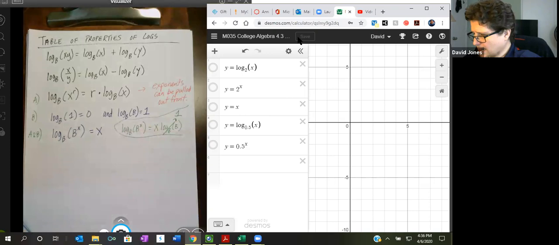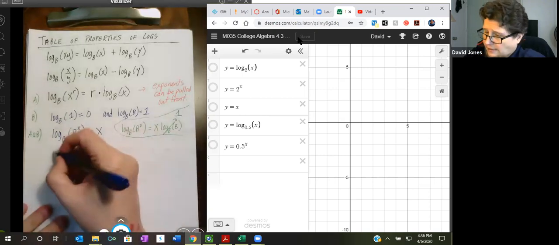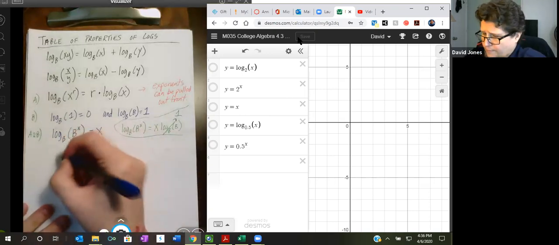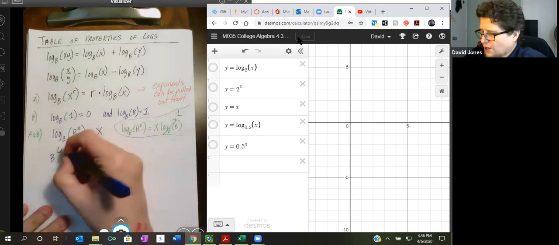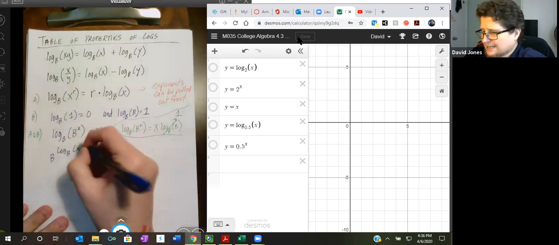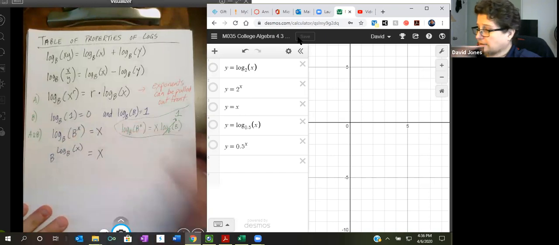And the other one we have, b to the log base b of x equals x.